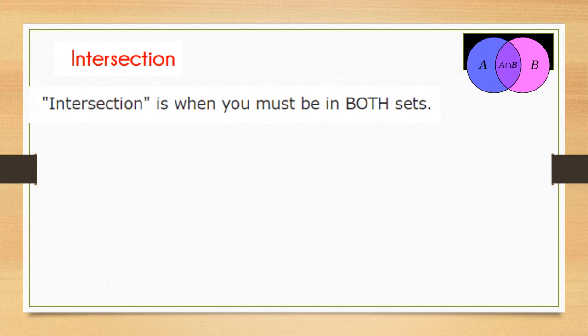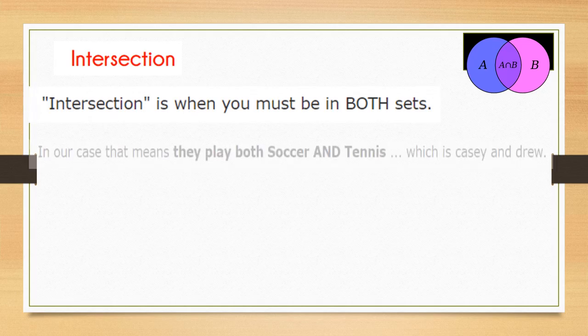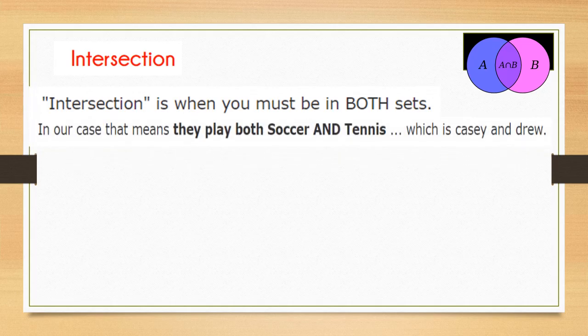The next thing that you have to know is the intersection. We learnt about the union in the previous slide. Now it is the intersection. Intersection means the common region, which refers to both the sets. In our case, if I follow the same example, those who play soccer and tennis, not soccer or tennis, here soccer and tennis.